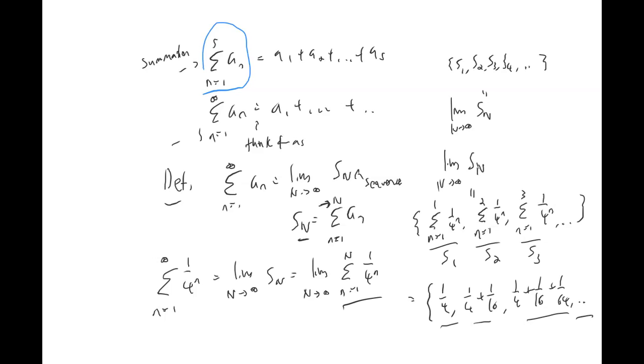Okay. So now that everyone understands, this is called the partial sum, because the whole sum is infinite, so here you're only going up to a partial part of it. You're only going up to n.